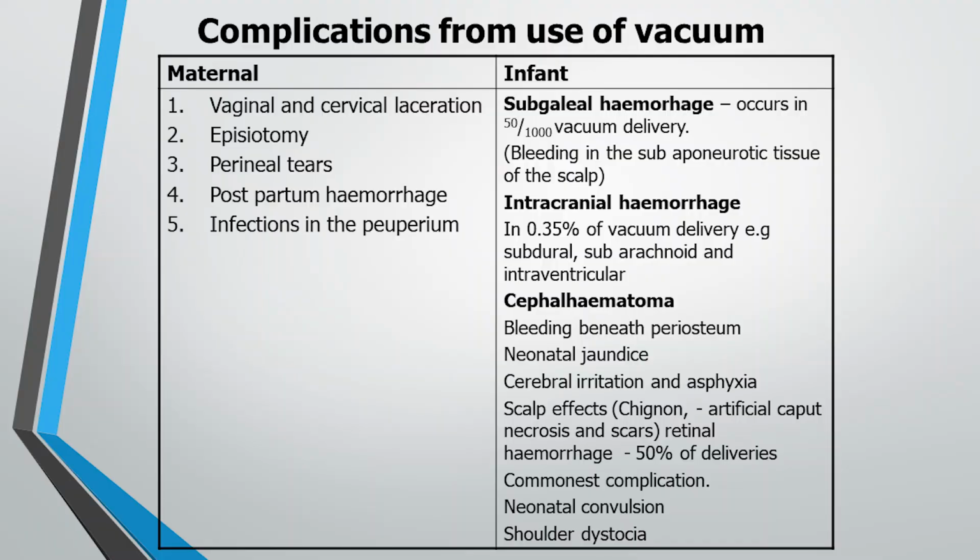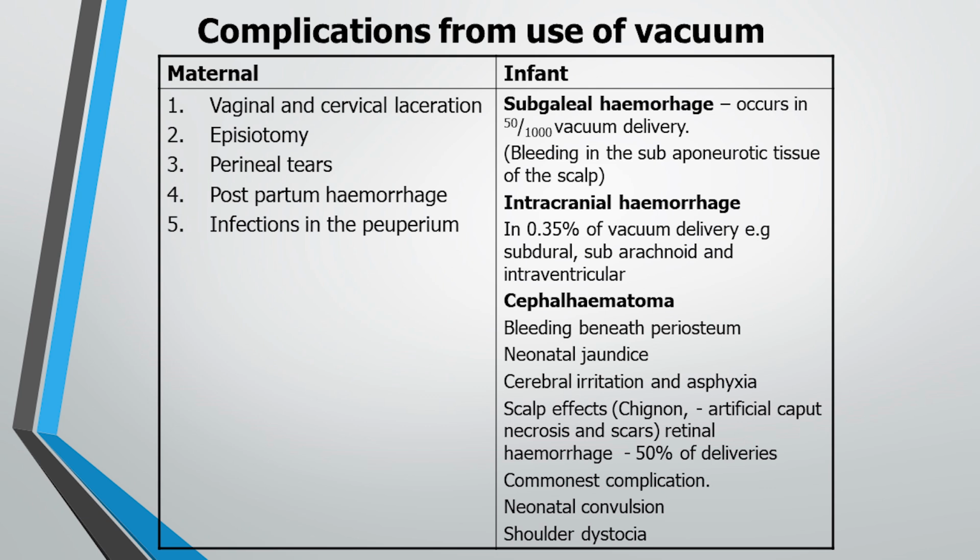And we can have intracranial hemorrhage, which occurs in about 0.35% of vacuum deliveries. This intracranial hemorrhage can be subdural, subarachnoid, or intraventricular. So this is where major problems arise, especially if you have to do it several times, and particularly if you do it for premature babies, you can have intracranial hemorrhage.